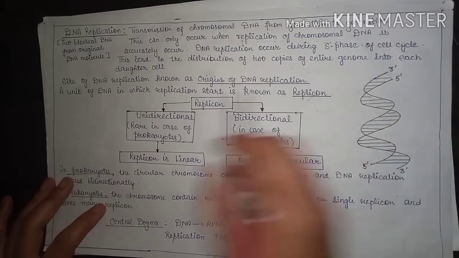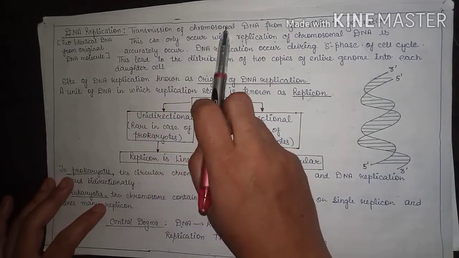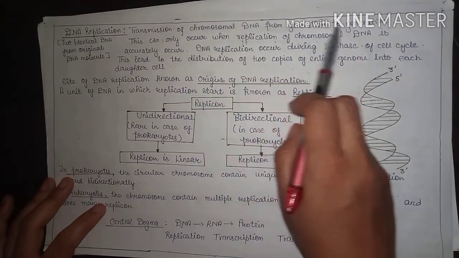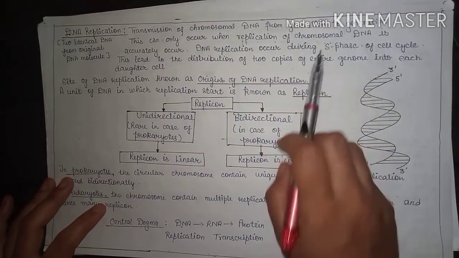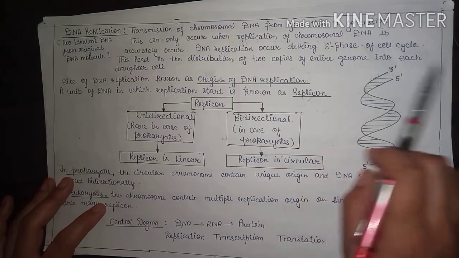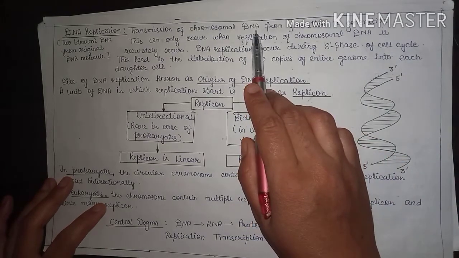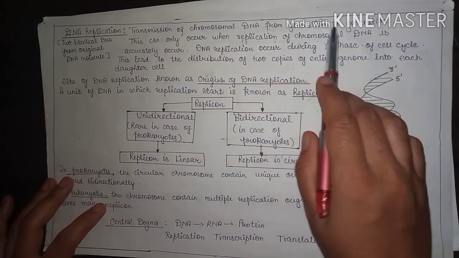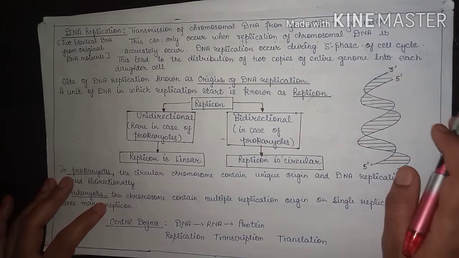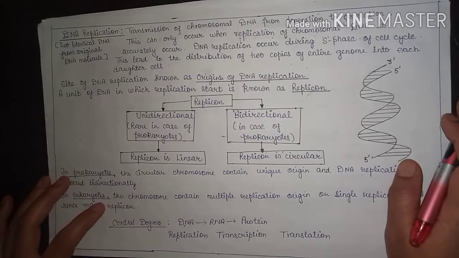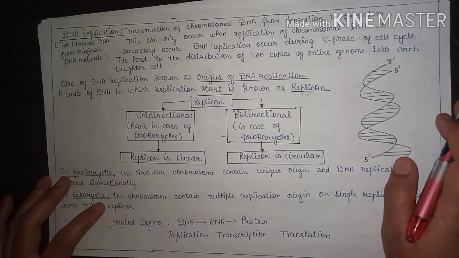So DNA replication is the transmission of chromosomal DNA from generation to generation, from one generation to another. We see this in mitosis.